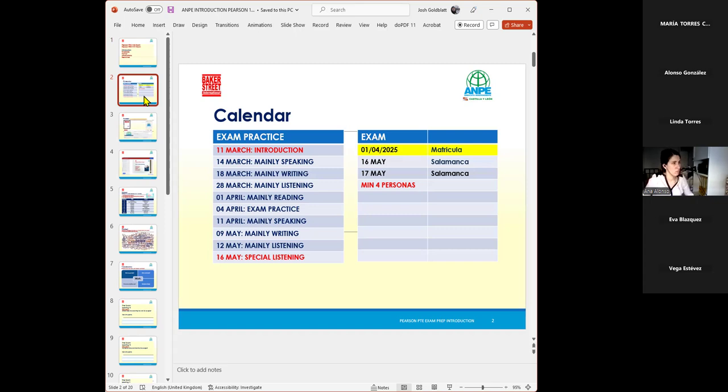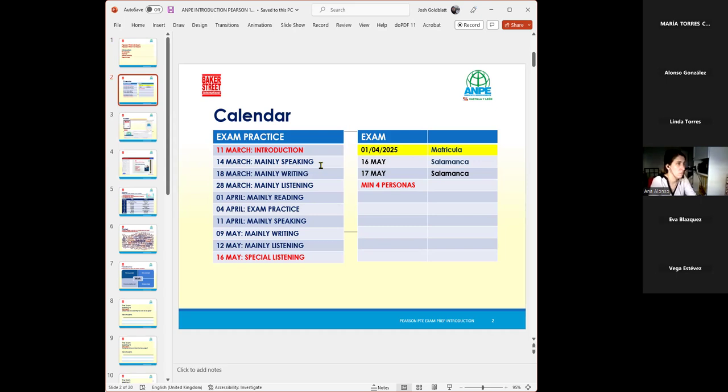Today is the 11th of March, so we've got our introduction here. Next Friday, this Friday, we have another one. We're going to do mainly speaking. We'll be practicing the speaking part of the exam. Next week on Tuesday, we will be doing the writing part of the exam. And then the following week, on the Friday, we'll be doing the listening.